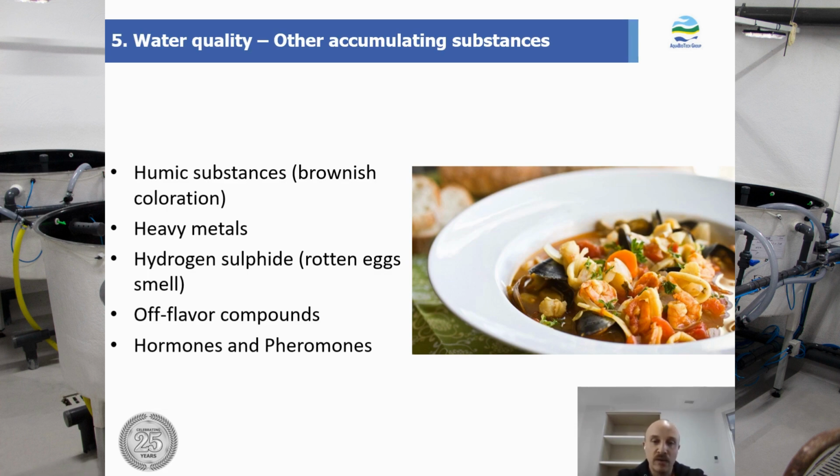And this is why, when it comes to water quality of a RAS system, I always like to have a holistic approach and understand all the interactions between each parameter. This is very important because if we try to handle one parameter at a time, we might lose track of all the other parameters. So this is why we should always consider the complexity of the system we are handling.